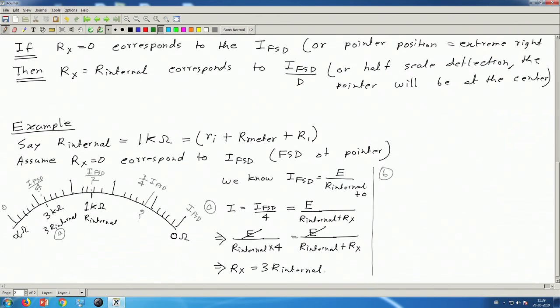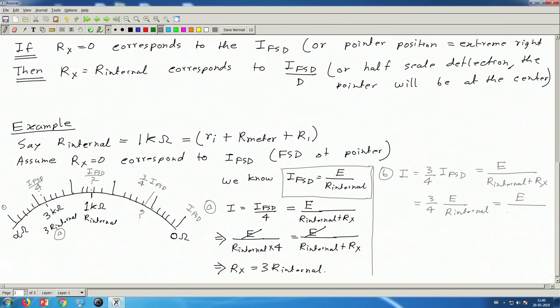It will also be our practice. So for this position, I is equal to 3/4 of full scale deflection current, and this is the same as E divided by R internal plus Rx, and IFSD we can write from this equation as 3/4 of E divided by R internal, same as E by R internal plus Rx.